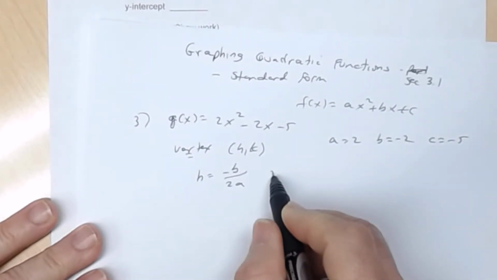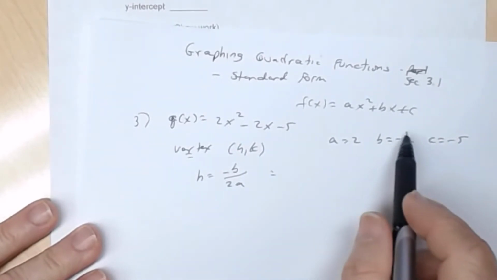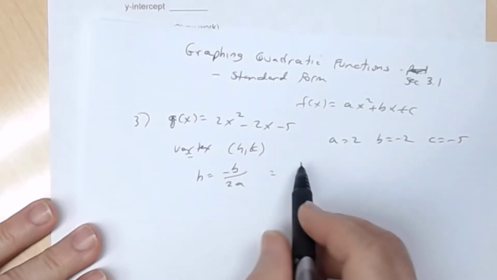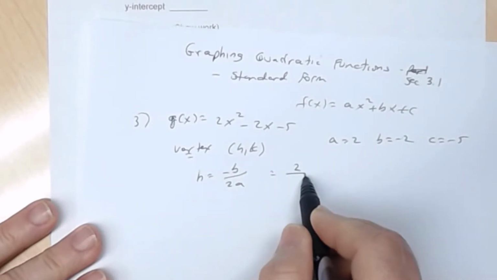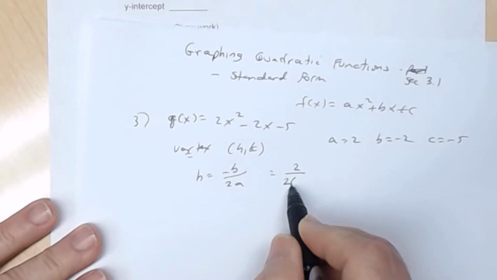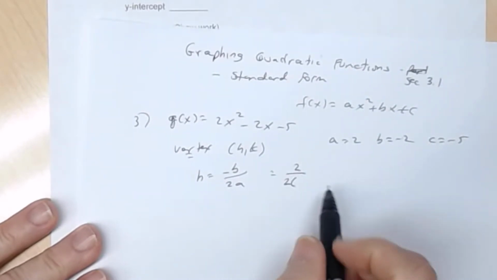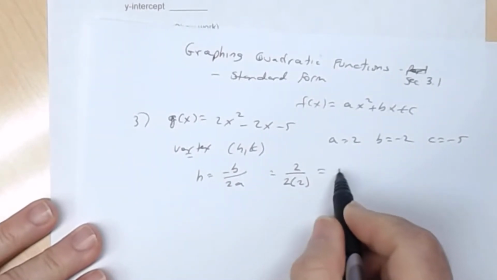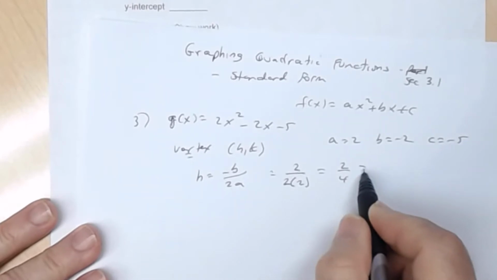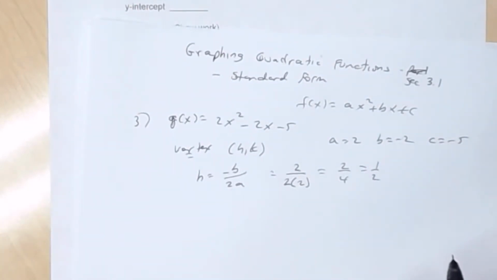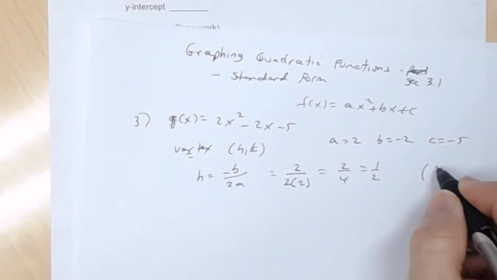If b is negative 2, the opposite of negative 2 is a positive 2, divided by 2 times a, which is 2. So I get 2 divided by 4, which is a half.